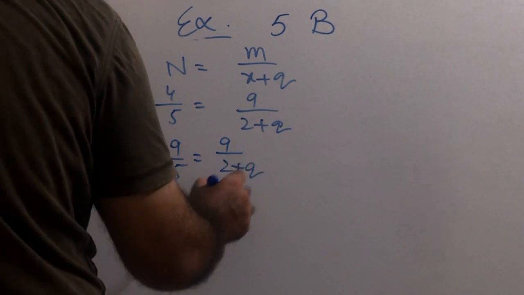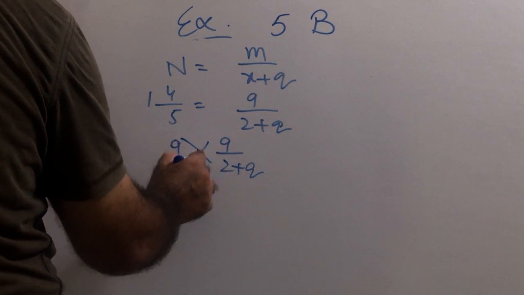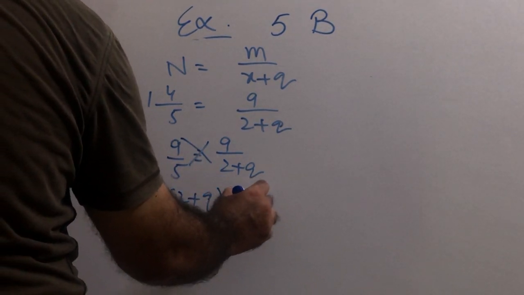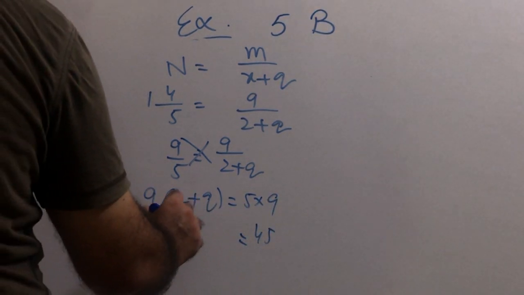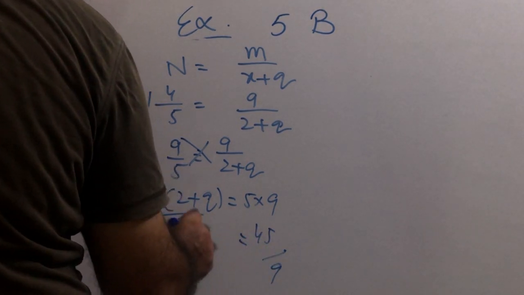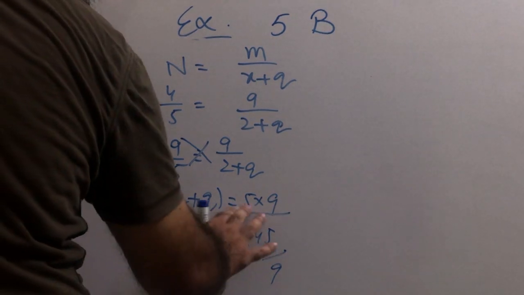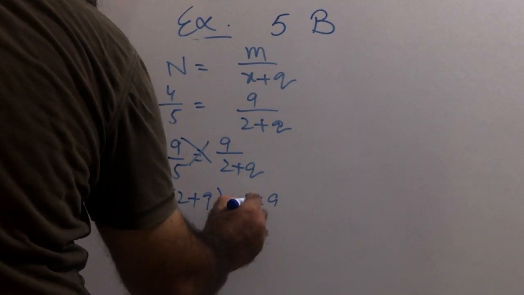9 over 5 is equal to 9 over 2 plus Q. Here we can do one thing, we can cross multiply. 9 will be multiplied with 2 plus Q. 5 will be multiplied with 9, we get 45. So it is 9 into 2 plus Q is equal to 5 into 9.